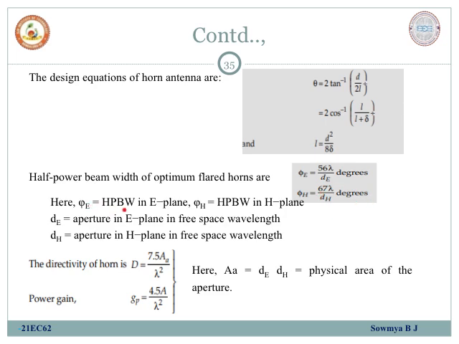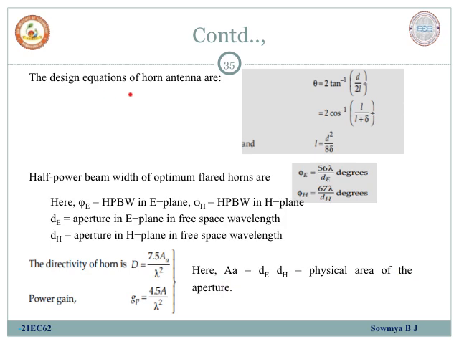Here phi E is the half power beamwidth in E plane and phi H is the half power beamwidth in H plane, and dE is the aperture in E plane in free space wavelength, and dH is the aperture in H plane in free space wavelength. The directivity of this horn is given by capital D equal to 7.5 A by lambda square, and power gain Gp is equal to 4.5 A by lambda square. Here capital A is equal to dE into dH, which represents the physical area of the aperture.